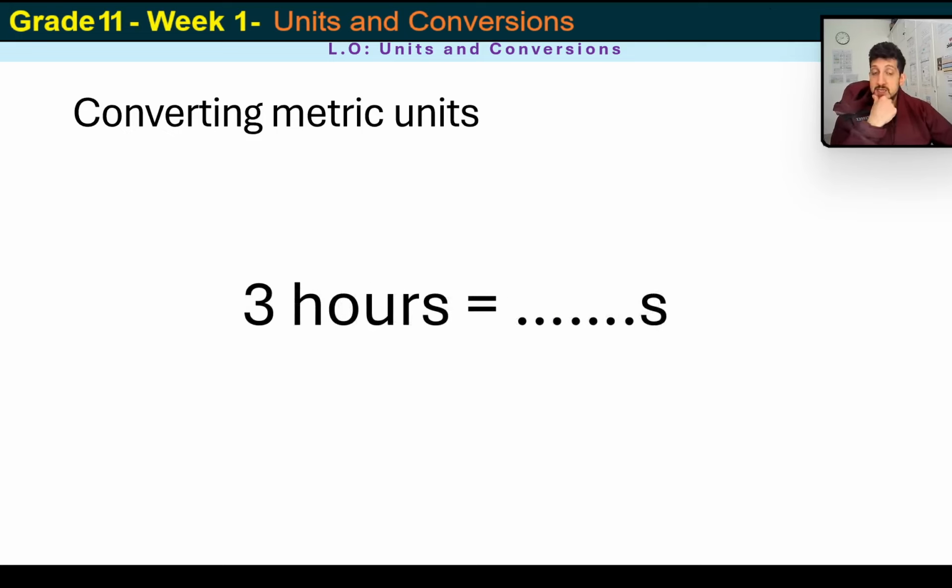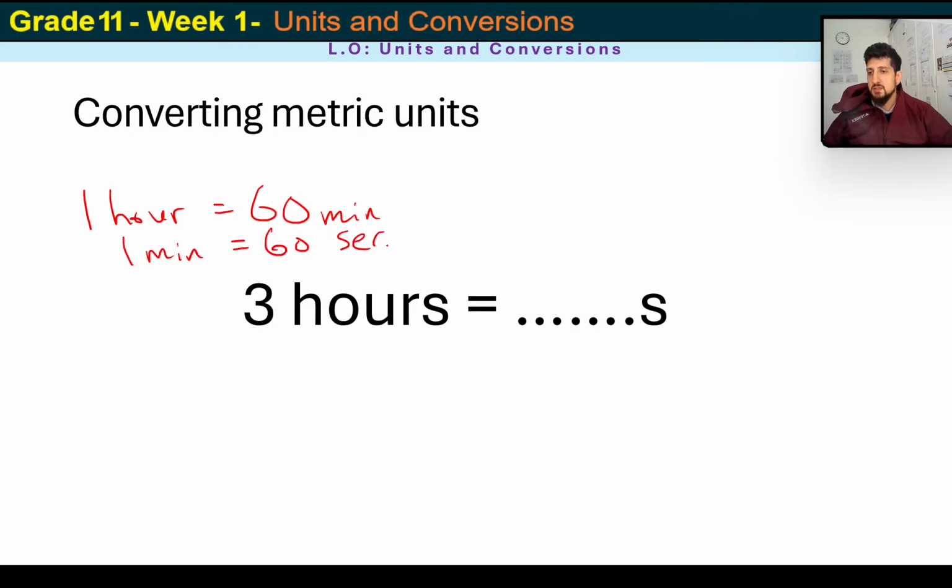3 hours is how many seconds? I like this. 3 hours is how many seconds? Well, I know that in 1 hour, that's the first thing, 1 hour equals 60 minutes, right? And 1 minute equals 60 seconds.